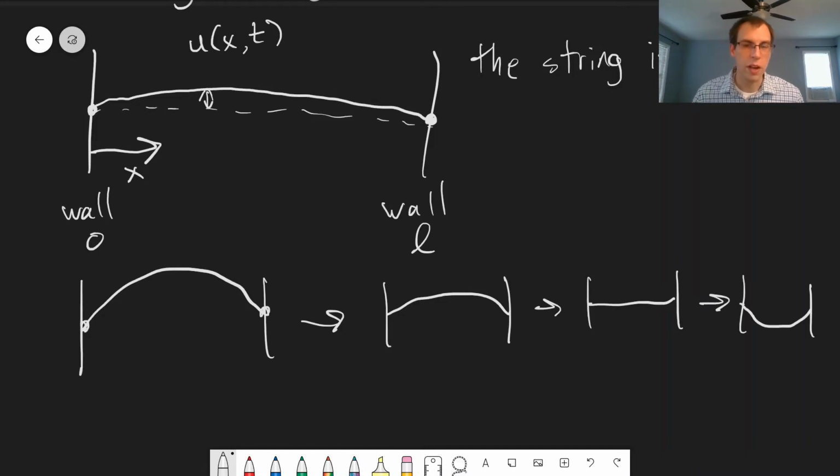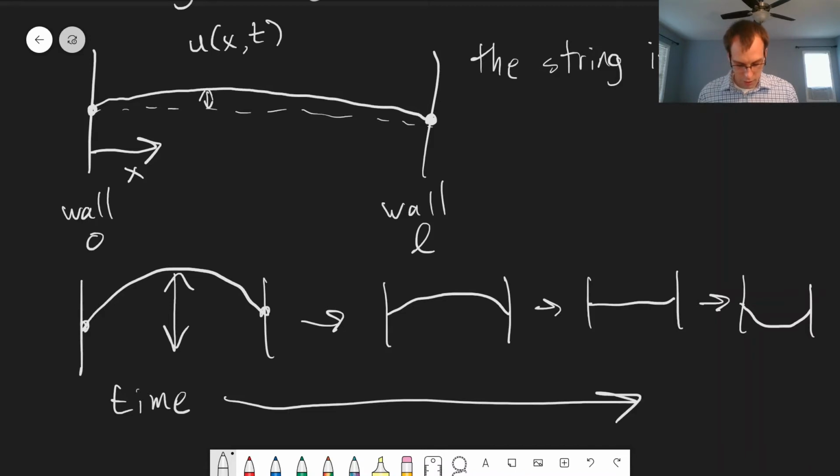So the string will be going back and forth, vibrating like half of a sine wave, moving up and down. We assume that there's nothing causing the string to stop vibrating. In reality, the air will get in the way, and eventually strings stop vibrating, but we're taking the simple case where we're not worrying about that.